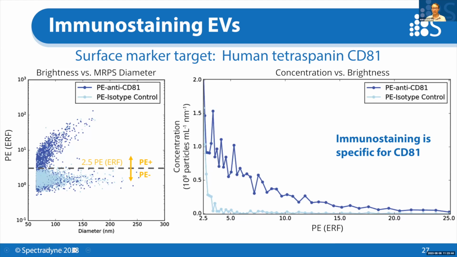And we can say that the median brightness across this distribution is about 6 or 7 molecules of PE per particle. So that allows you to get at, well, how many copies of CD81 are expressed on these particles on average and as a function of size, right?